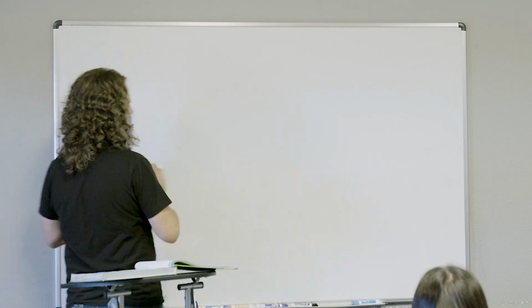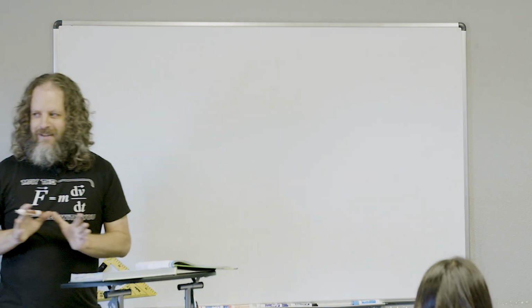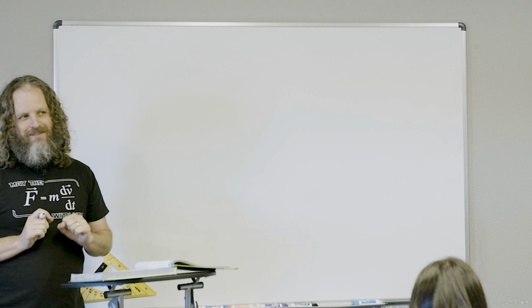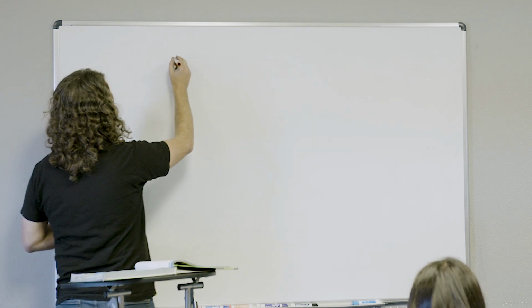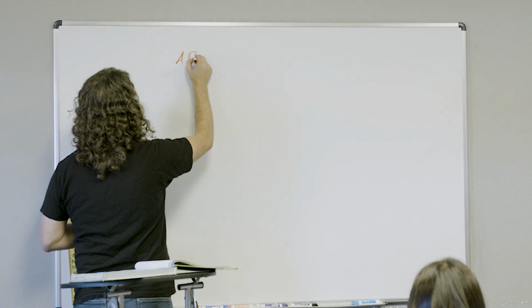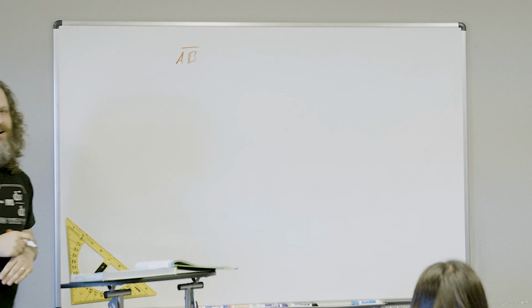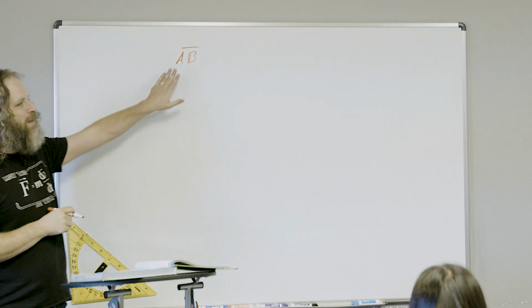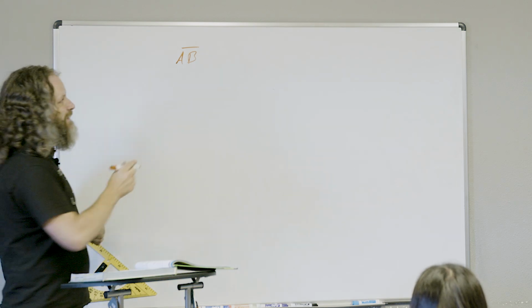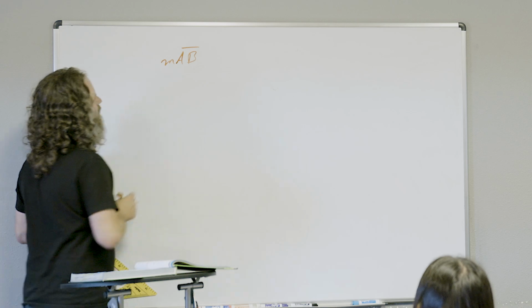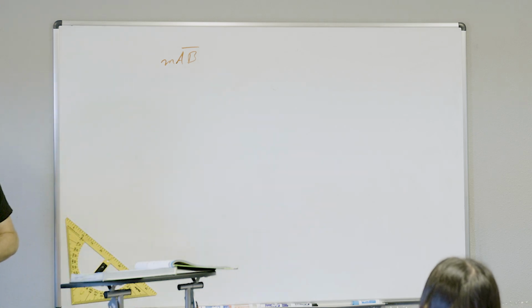So pictures are congruent, numbers are equal, right? If I have line segment AB, that's talking about the picture. If I'm talking about how big it is, then I put a little M for measure.